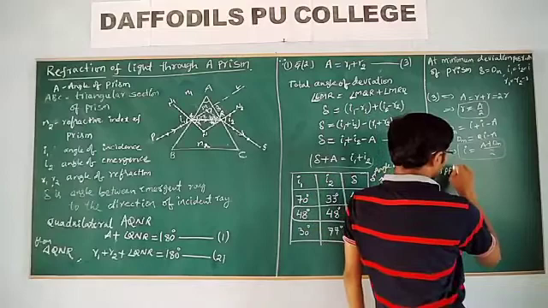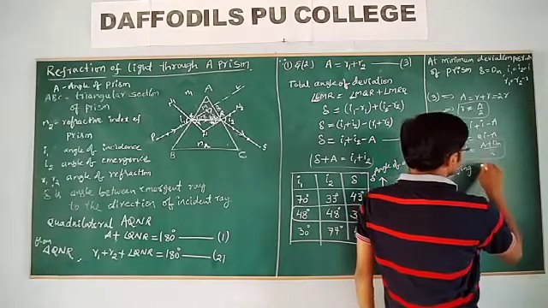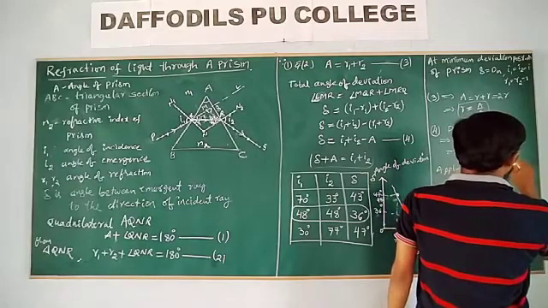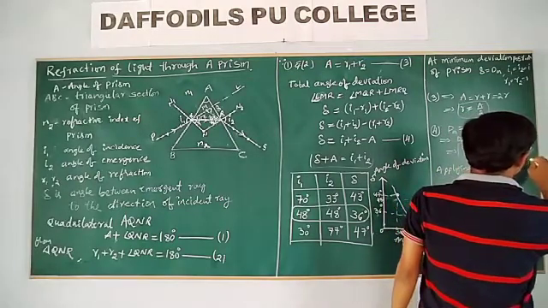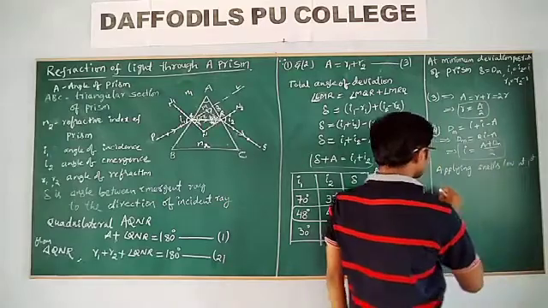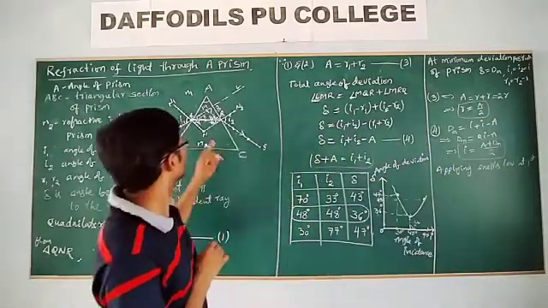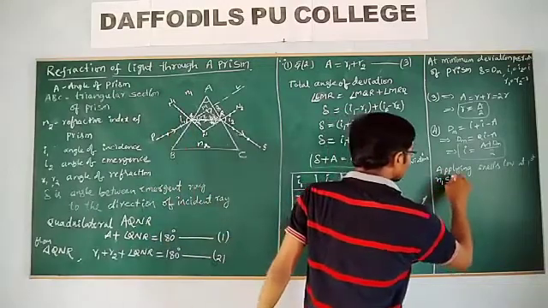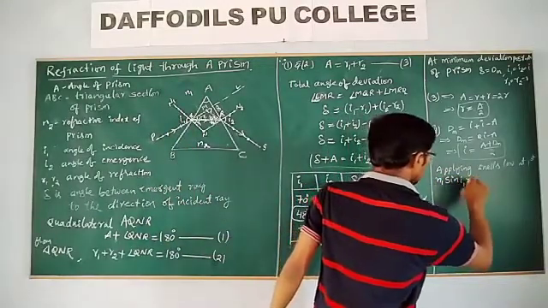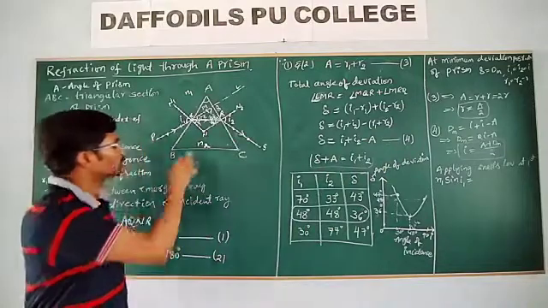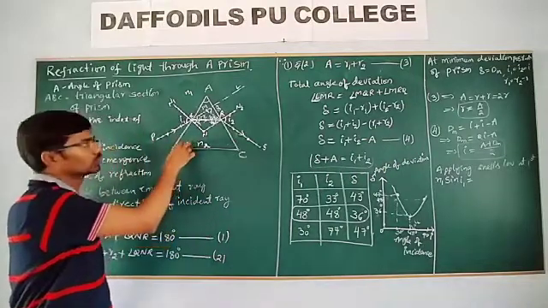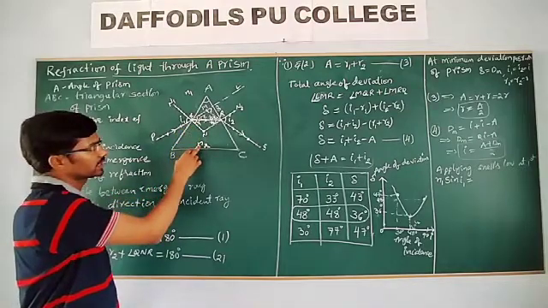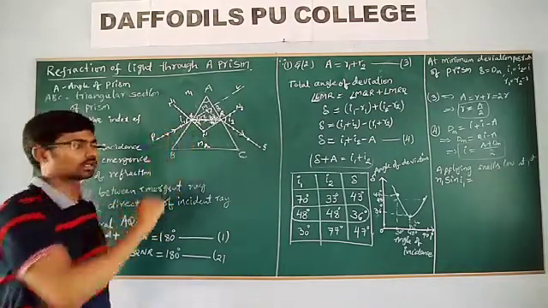Applying Snell's law at the first face of the prism, AC, what you can write here: n1 sin i1 is equal to n2 sin r1, where n2 is the refractive index of this medium and r1 is the angle of refraction.